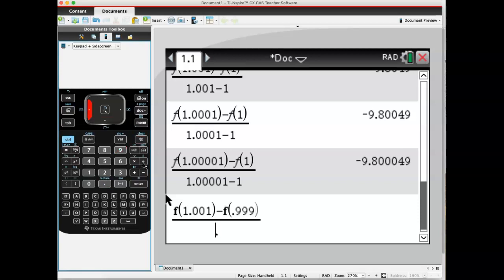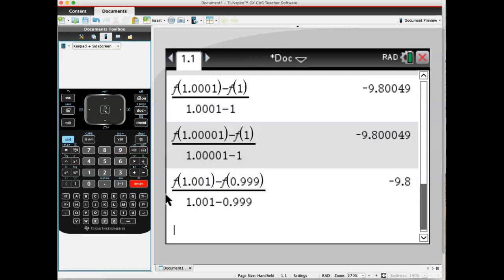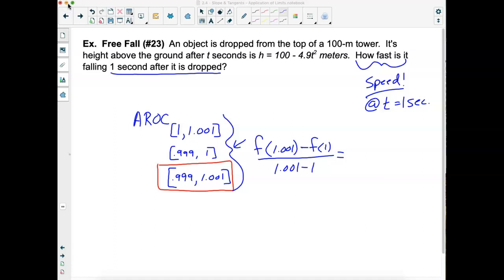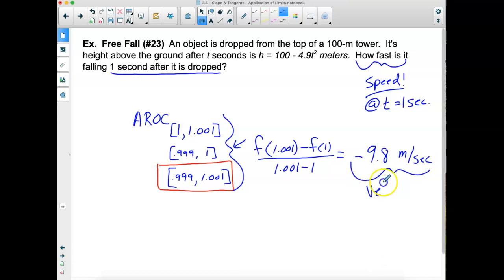Then I got 1.001, whoa, minus 0.999, boom, boom. I'm so close on both sides, it actually kind of gives me my instantaneous there. So I can see, now we got to be careful here, okay? This gives me negative 9.8 meters per second. Now, this is velocity.